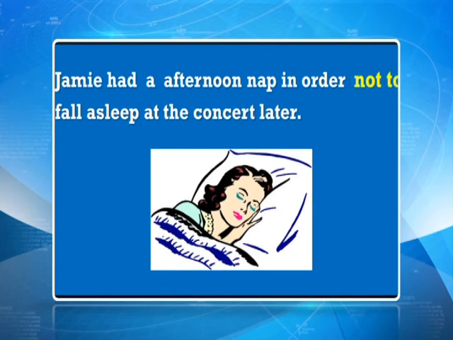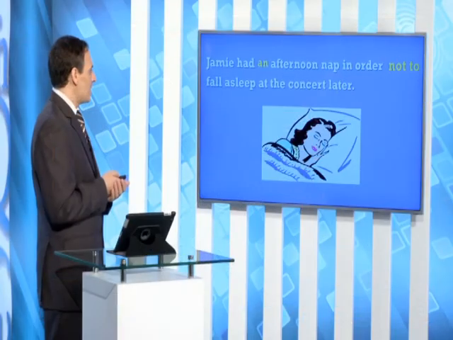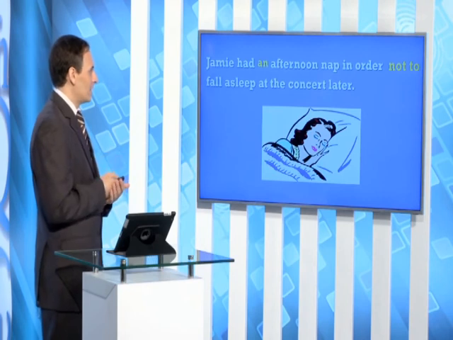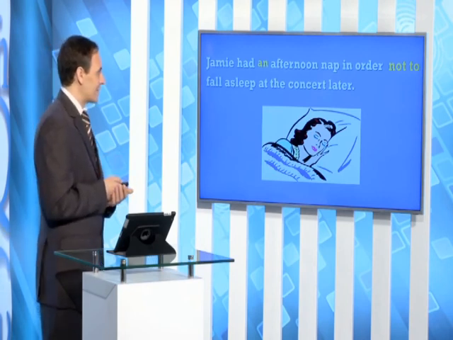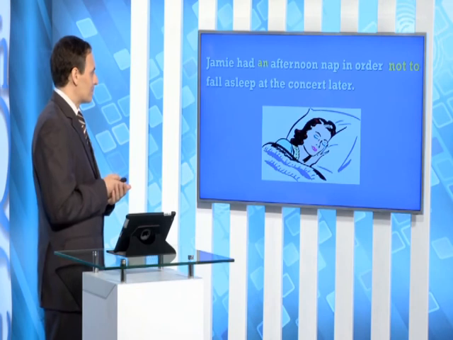So Jamie had an afternoon nap. Do we say afternoon nap? Here we have an article and then a noun that starts with a vowel. We should say Jamie had an afternoon nap in order not to fall asleep at the concert later.